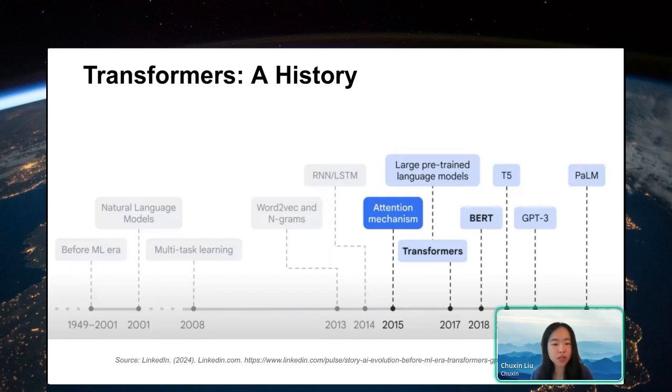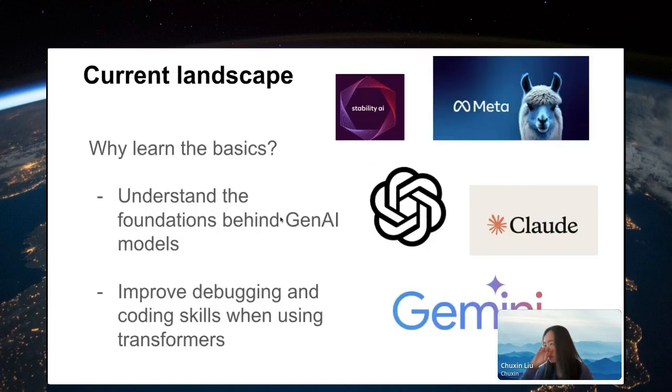So that brings us to Transformer. It was introduced in 2017. It has revolutionized the field by laying the groundwork for all the large language models that came afterwards. The current landscape of large language models lays the foundation for all these popular apps that we're using today: ChatGPT, Claude, or Gemini. We also have popular open source models like Llama from Meta.